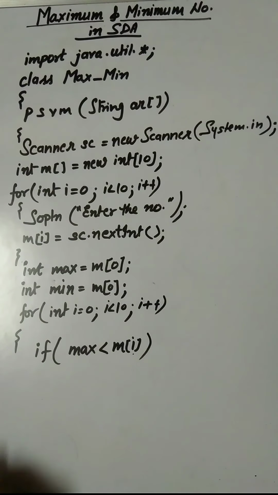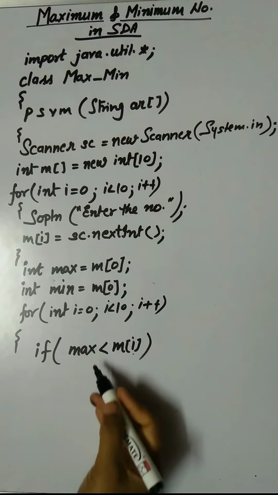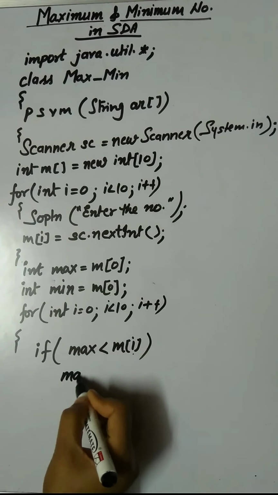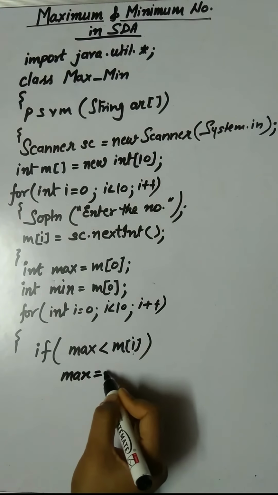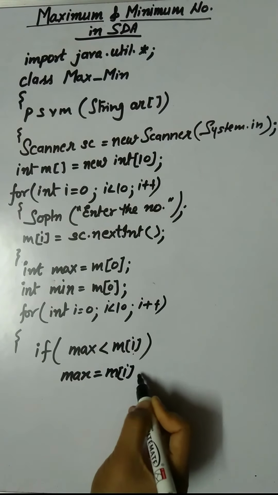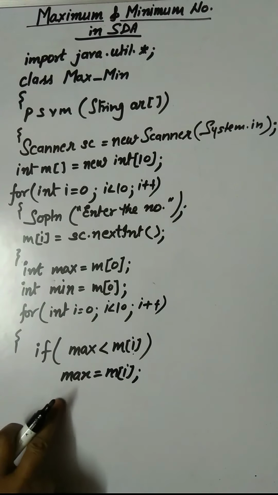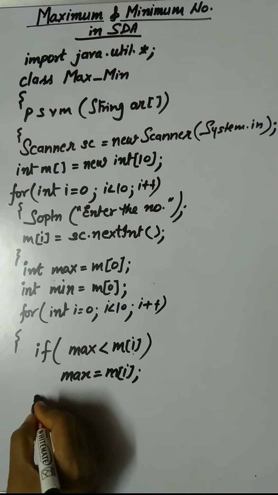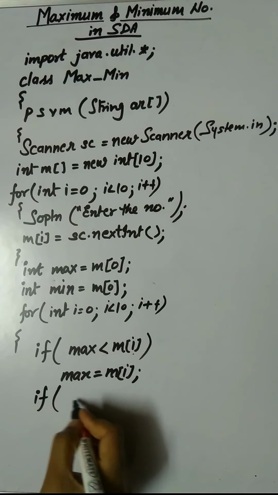Okay, if this condition is true, meaning max is less than m of I, then what will we do? Max is equal to m of I. Okay, the m of I value is stored in the max variable. Like that, same for minimum.